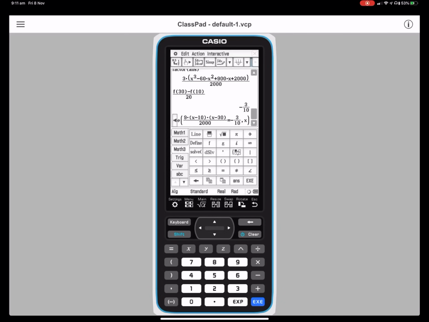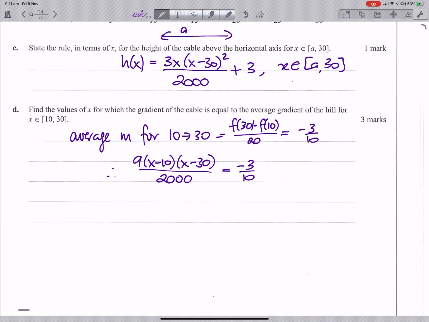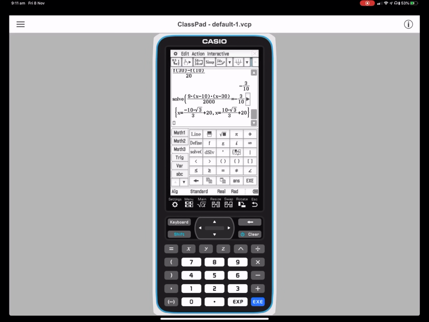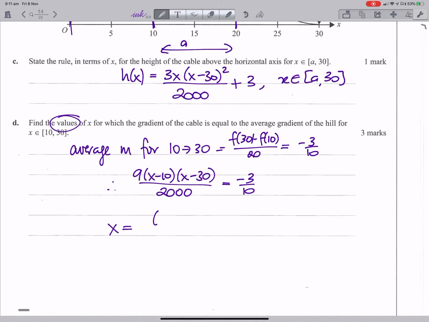Interactive, advanced, solve. Okay, find the values. So there are multiple values of x. So x equals 60 plus or minus 10 root 3 on 3.